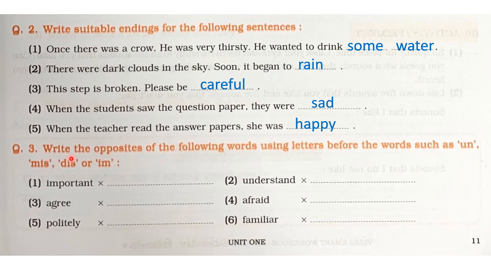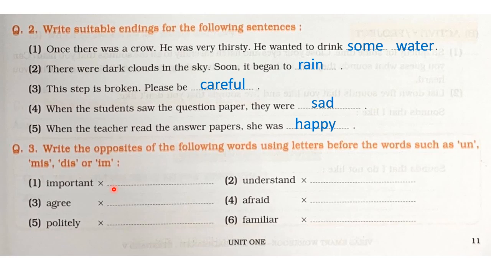Now the third one, write the opposites of the following words using letters before the words such as un, mis, dis or im. So, we have to write the opposite form of these words using these letters in the beginning, that is before the word. So, unimportant.